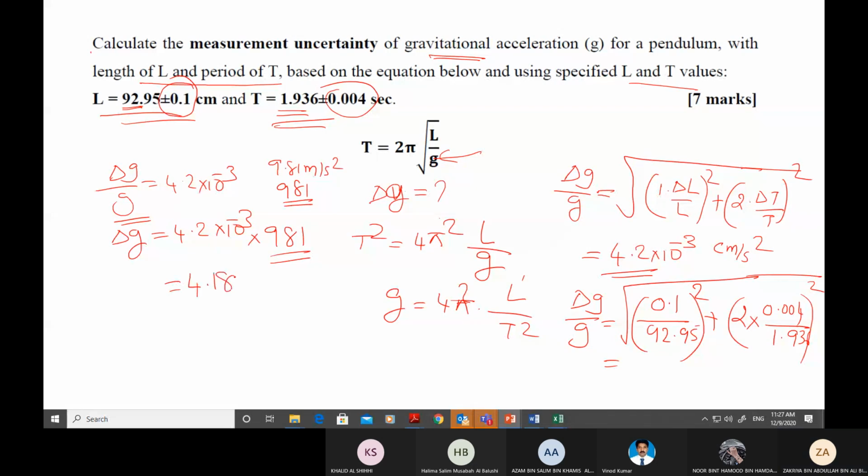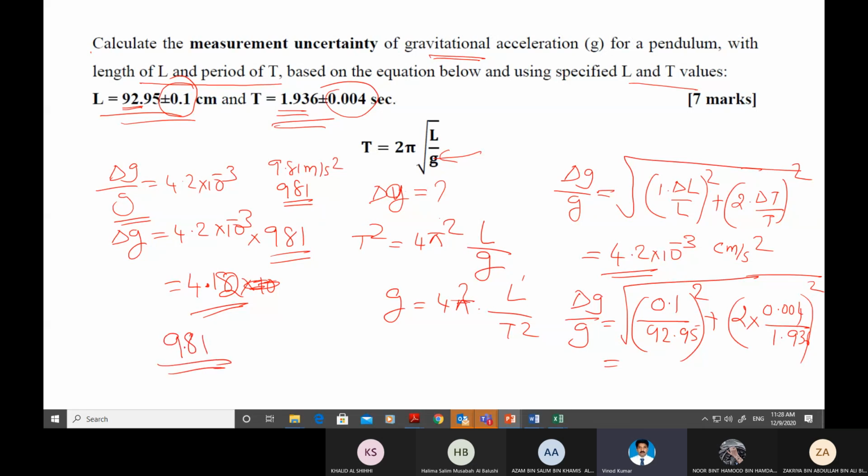4.18. Okay. So the answer delta G is 4.18, which means your answer will be 981.